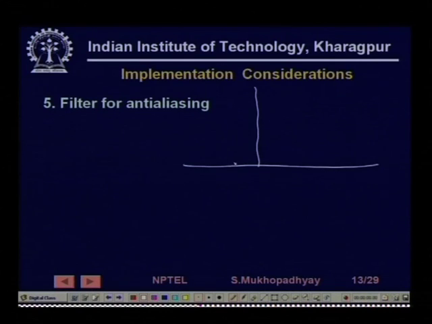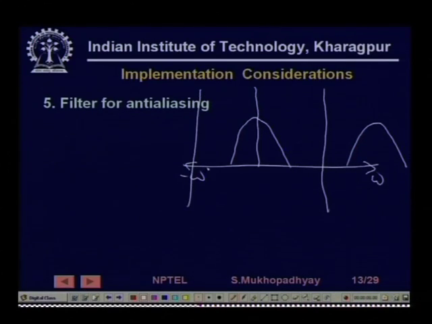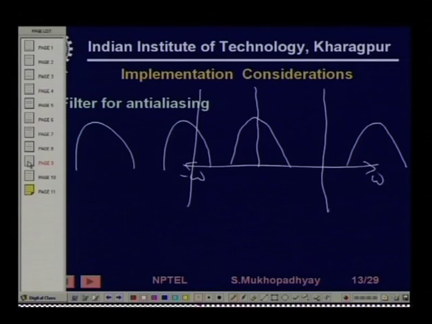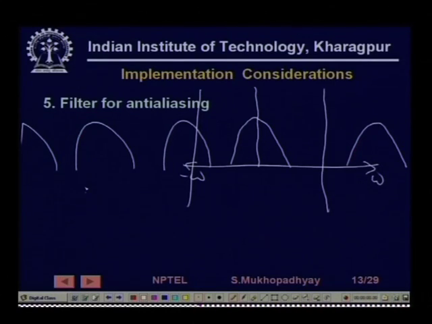If you take a signal which is low pass, this is its complex spectrum, from minus omega to omega. If the spectrum is like this and you are sampling it at this rate, then the spectrum of the sampled signal is going to be repeated indefinitely.